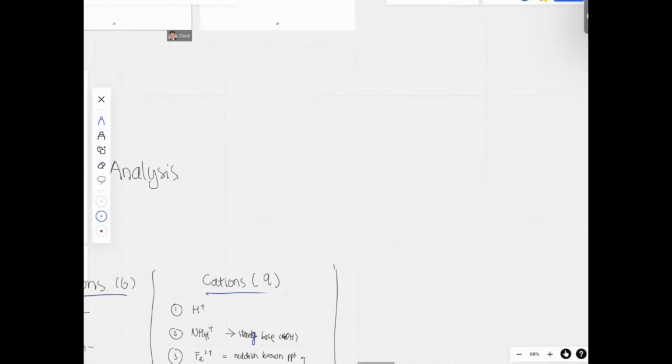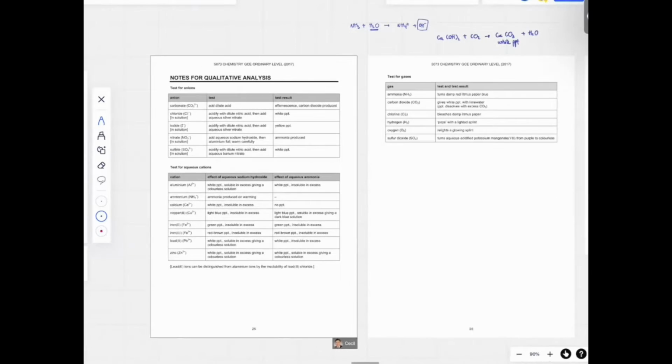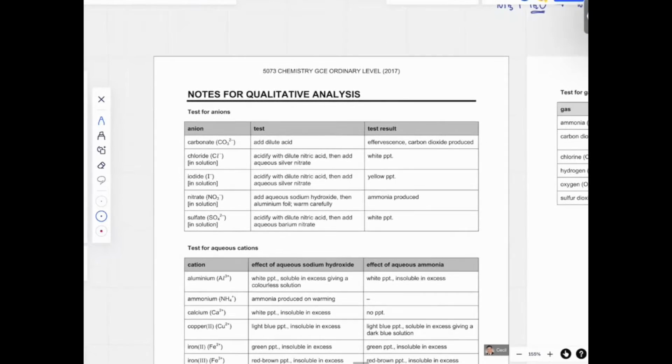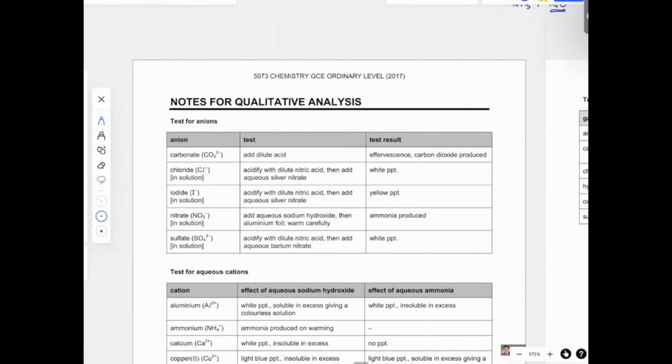Nitrate, NO3 minus. How to test? You add sodium hydroxide, NaOH, then you add aluminum foil, the one for cooking.